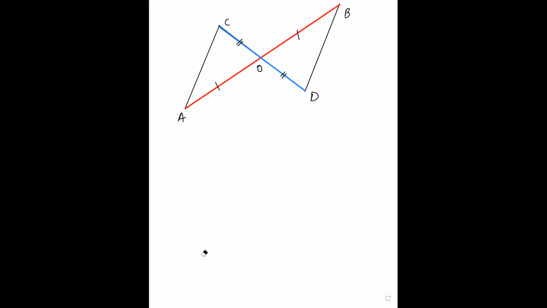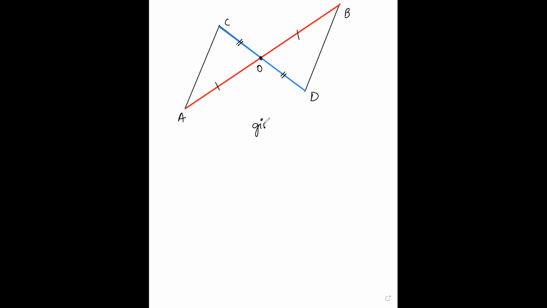Okay. So can you tell me what all is already given? What all are the 3 pairs of equal parts? AC is equal to BD. How is AC equal to BD? Is it given to you that AC is equal to BD? No. What all is given to you? What all do you know till now? That is called given.